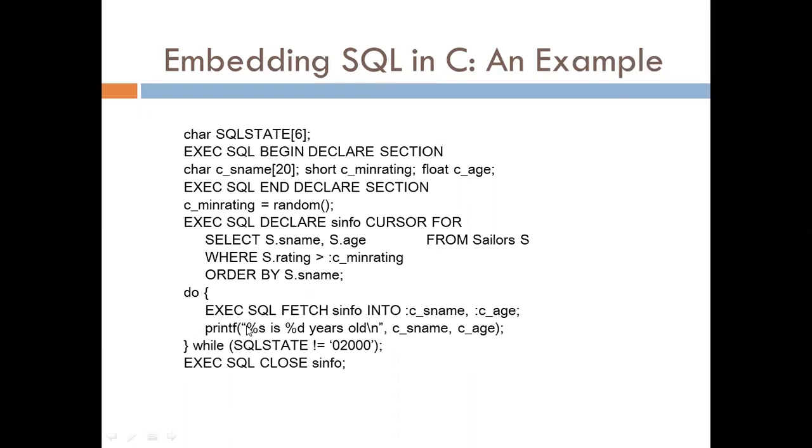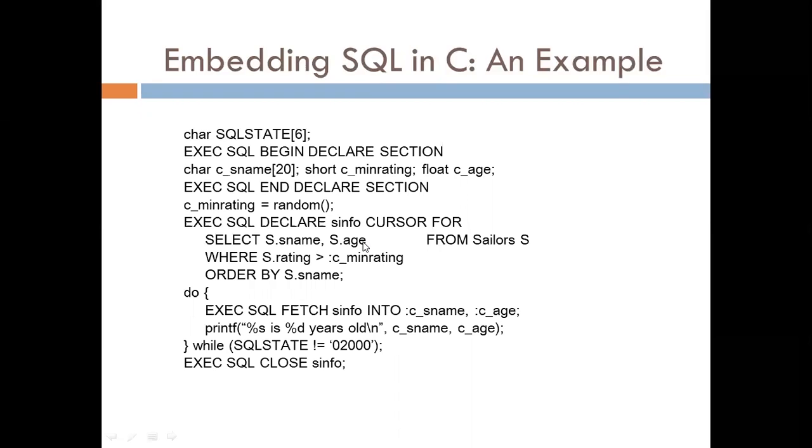In the do while loop, again we are extracting: exec sql fetch sinfo into sname and age. If you observe in the select statement, we are extracting name and age.